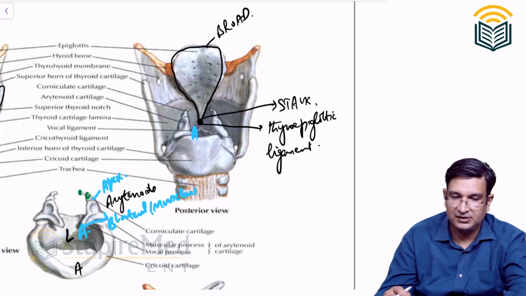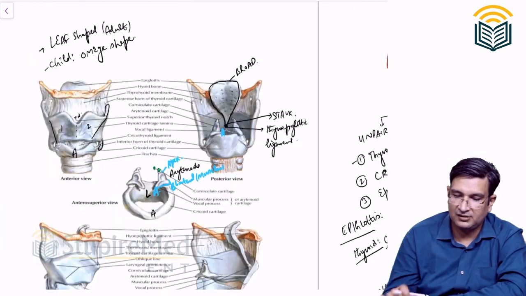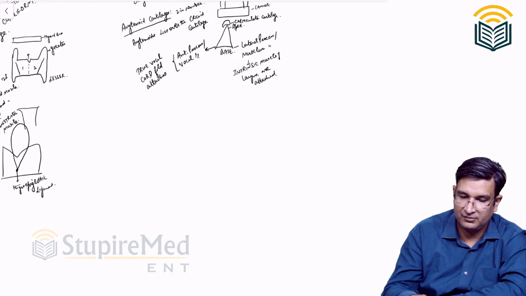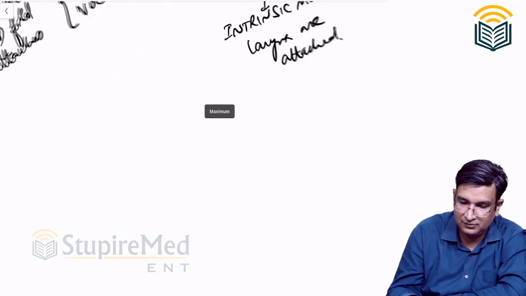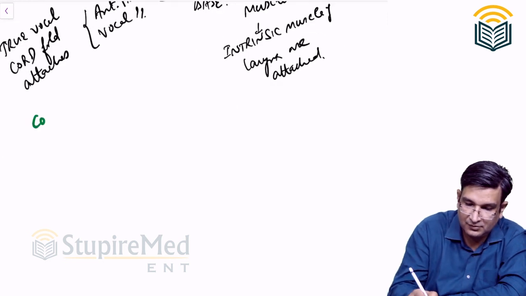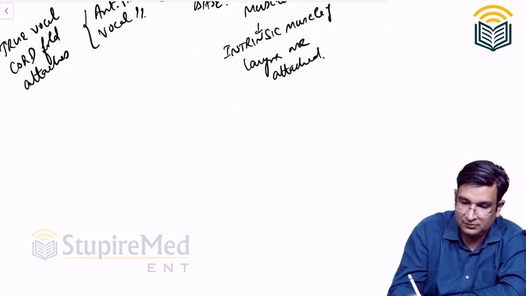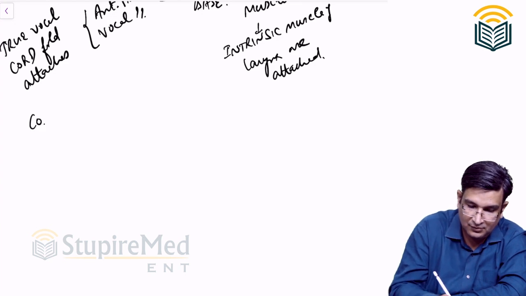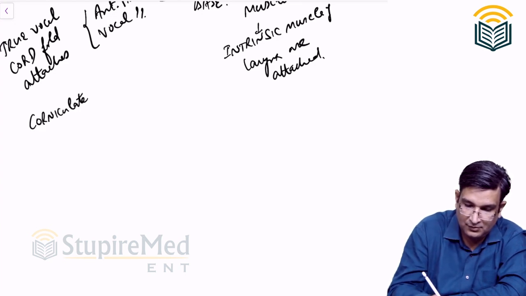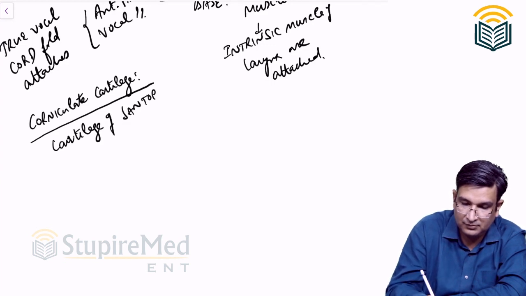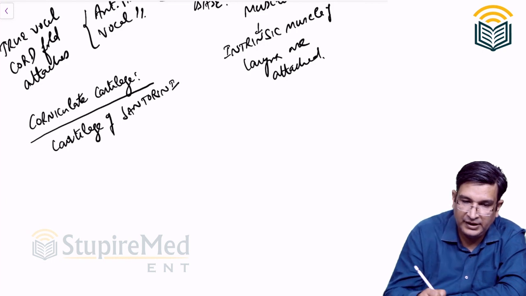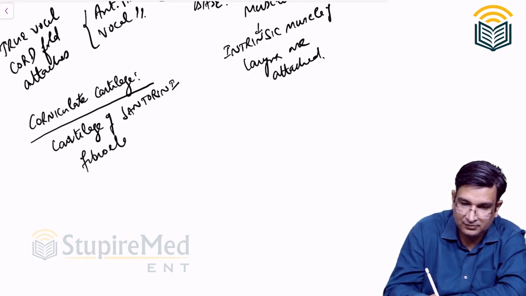The corniculate cartilage is also called the cartilage of Santorini. It's a fibroelastic cartilage.